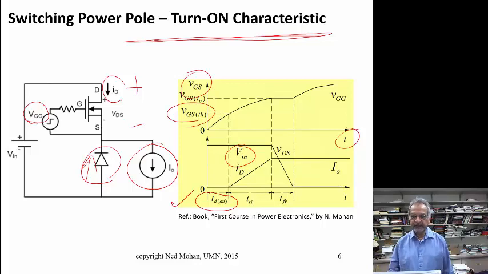And then only after this current through the FET reaches this output current, then the drain to source voltage is free to fall, and here we are showing linear characteristics. The current is rising in this rise time TRI, and the voltage is falling in this time TFV here.